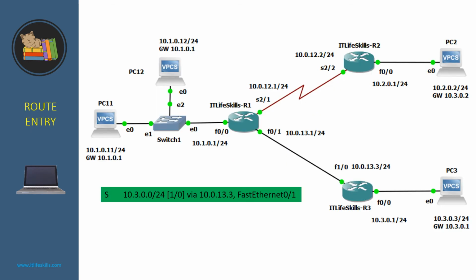Let's use a network diagram to figure out the instruction in this route entry. First of all, we know that the route is a static route because it has a code of S and it uses the default administrative distance of 1.